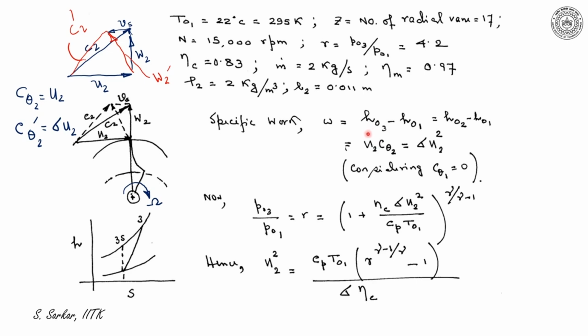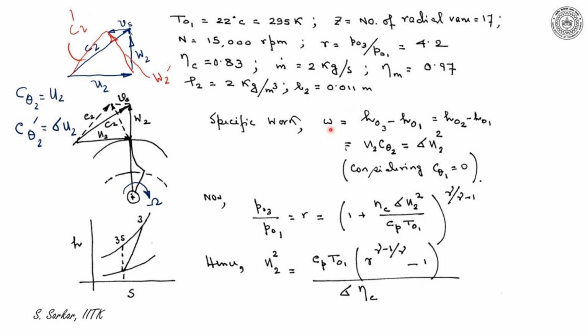That must be equal to h02. That means the total enthalpy at the exit of the volute casing must be equal to the total enthalpy at exit of impeller, since there is no work done within the diffuser and the volute casing.